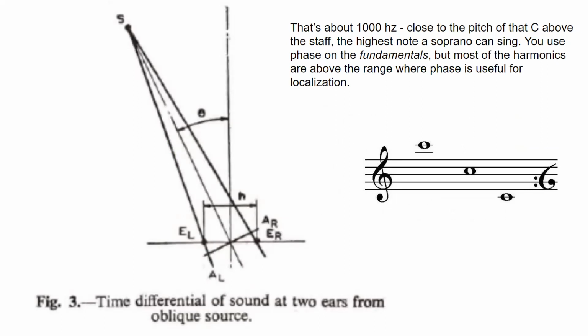So the point is the phase difference is going to be used by your brain on the fundamentals of these notes, on the lowest of the harmonics when you sound these notes, but it's not used on the upper partials, on the overtones. So you can think about what frequencies this phase is useful for localization. Anything above the staff is not being used.